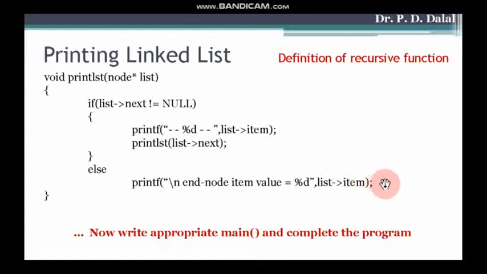So you need to guess what will be the value of %d when it goes in else. Now you need to write appropriate main combining the create function and the print list function discussed before. Write a program and try to see the output.